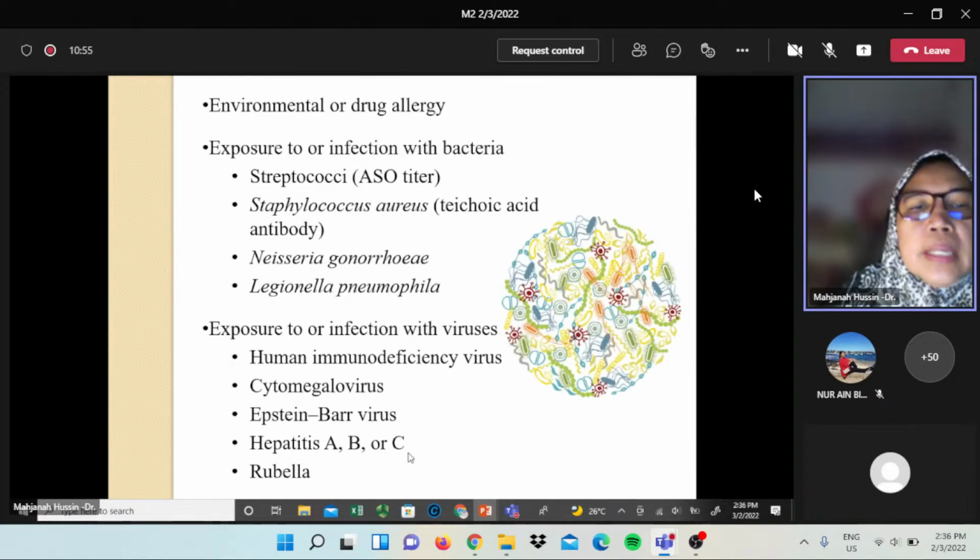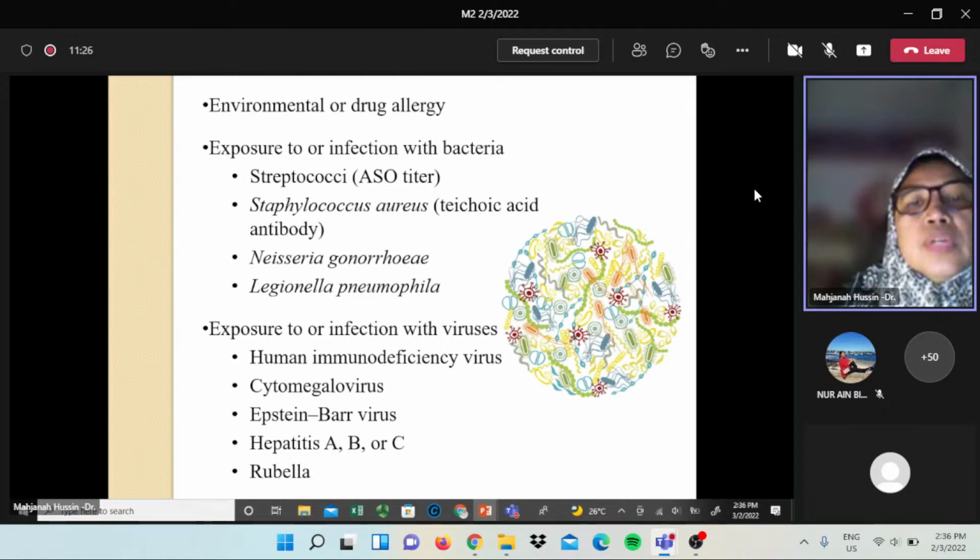Okay, so again, you can look at it in terms of environmental and drug allergy, or whether you are exposed to a certain bacteria or infection. The ASO here is anti-streptolysin O, or antigen.